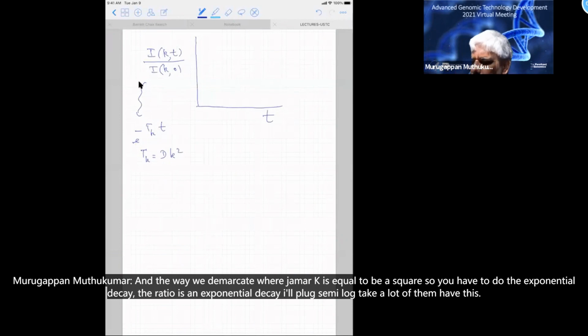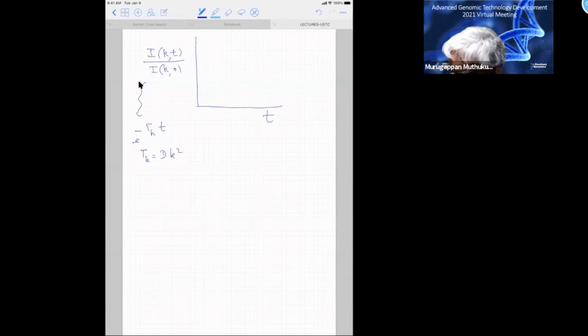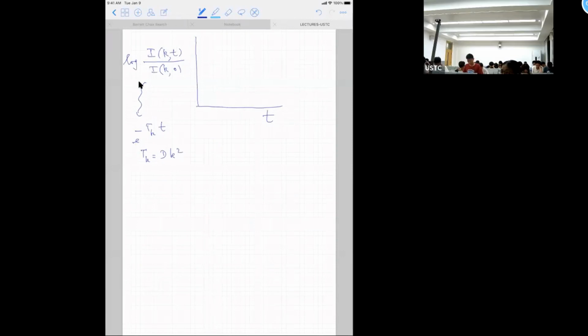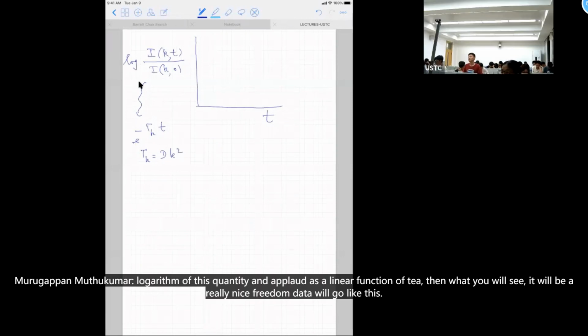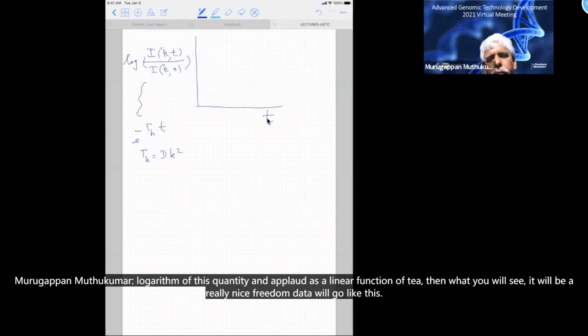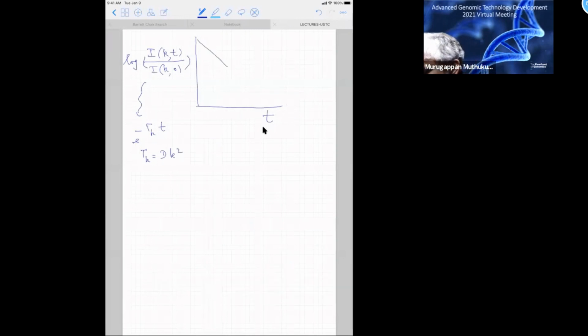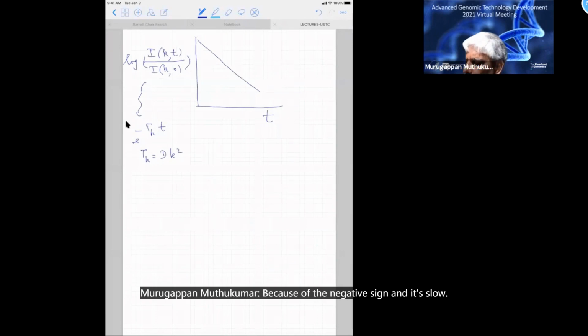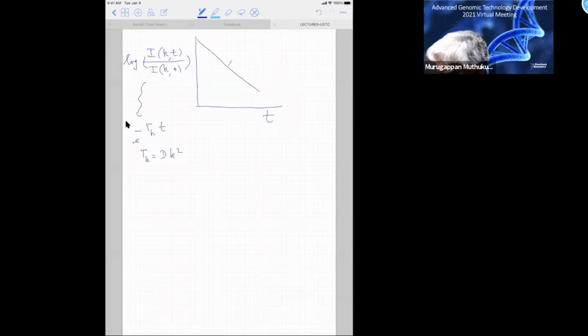Take a logarithm of this quantity, and plot as a linear function of t. Then you'll see a very nice straight line, and data will go like this because of the negative sign. And this slope gives me gamma k.